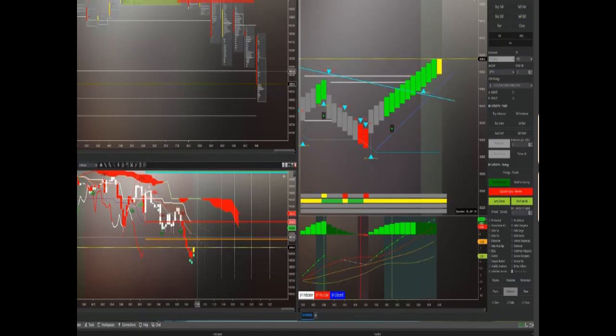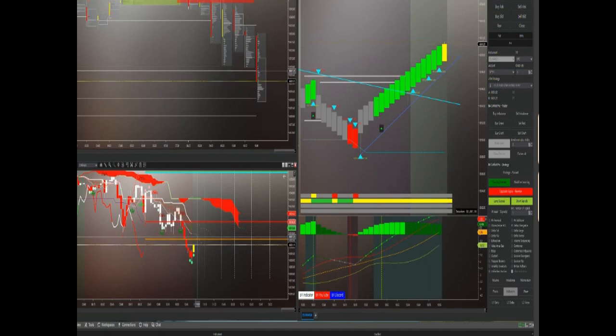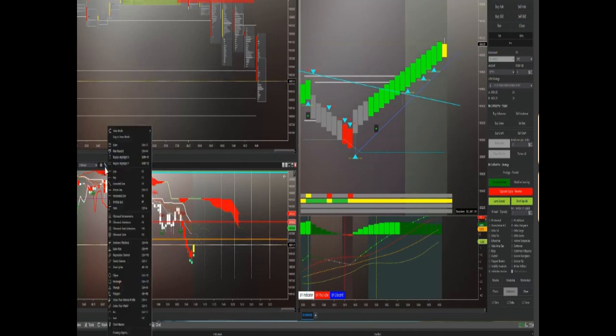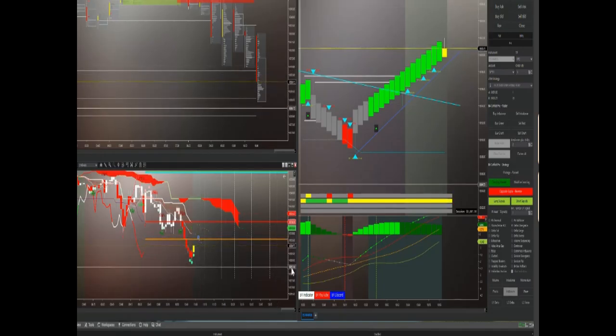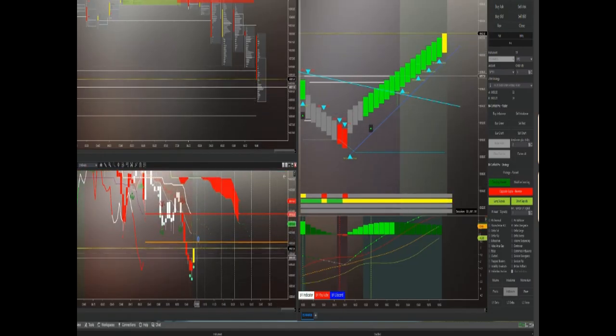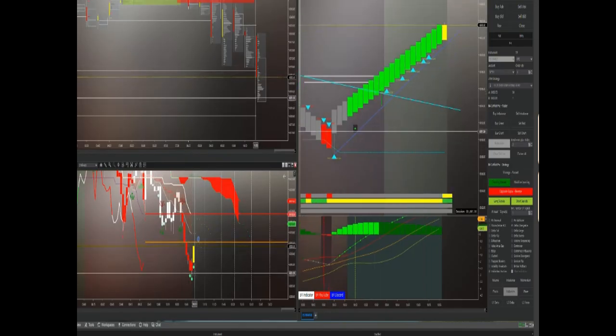Again, I'm expecting price to come back up here and touch the Tenkan-sen right here. This is why we call it a kiss dot. I didn't know what to call them.